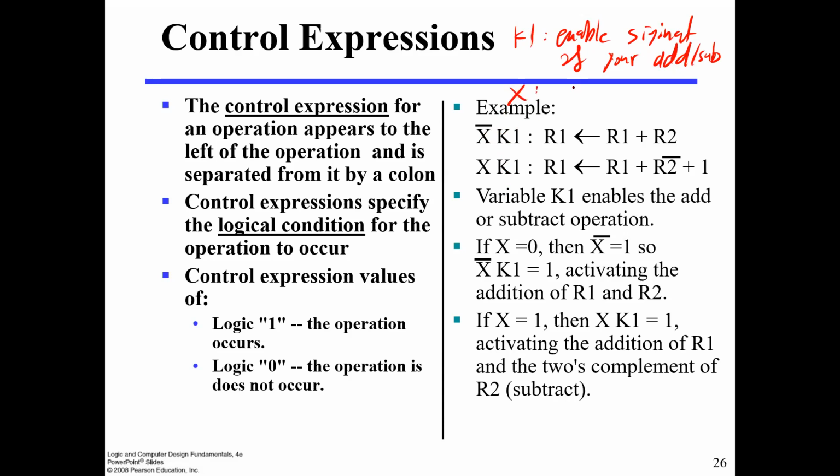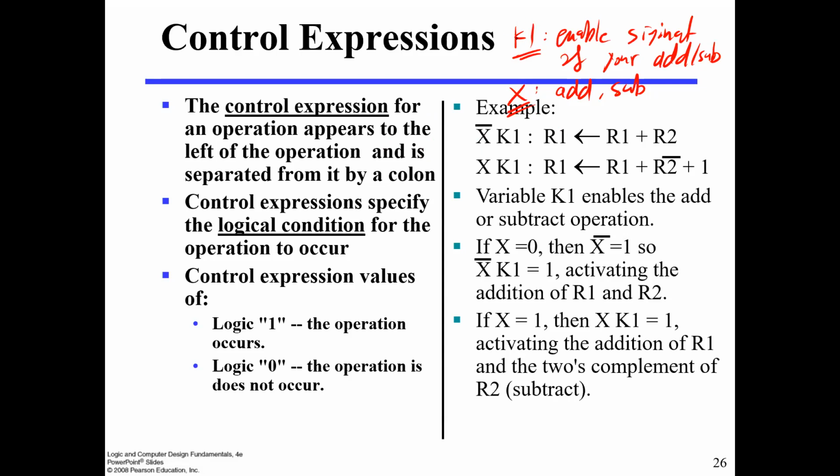Signal X will decide if this is an add operation or a subtract operation. K1 is the enable for the whole unit, and X will define which operation you want.